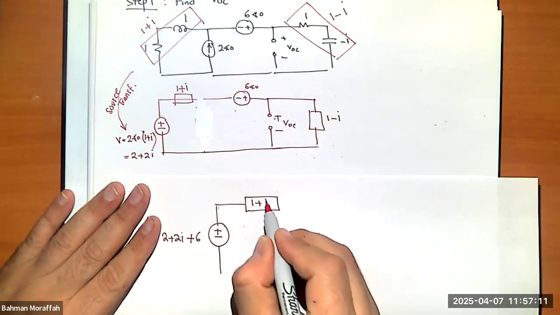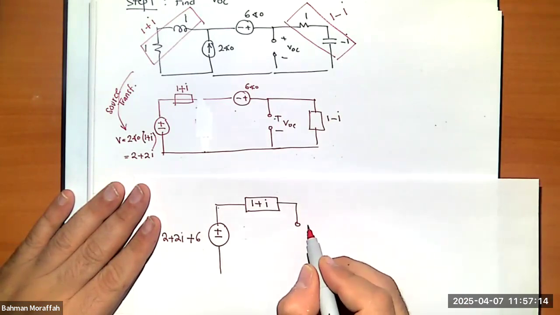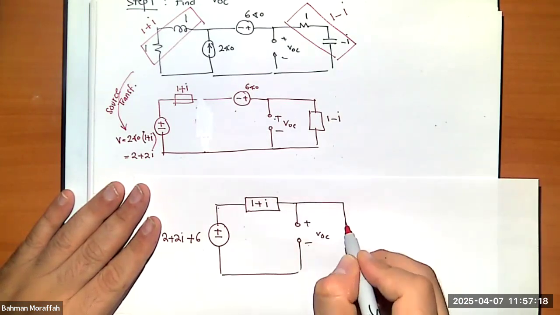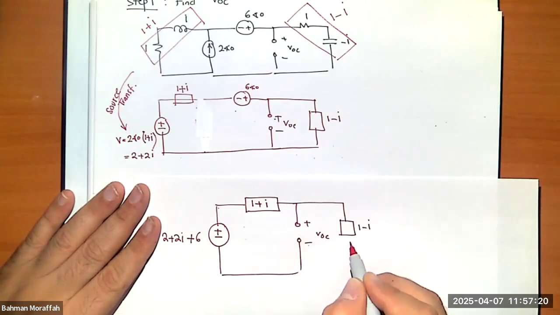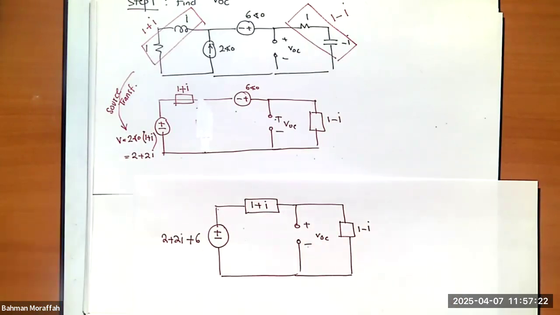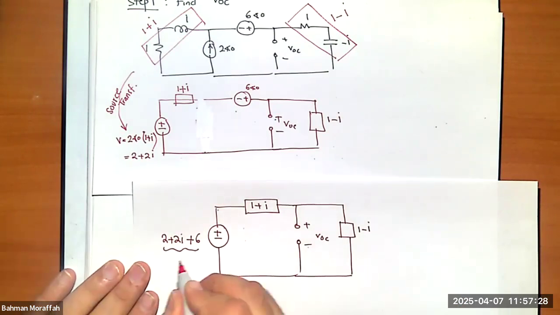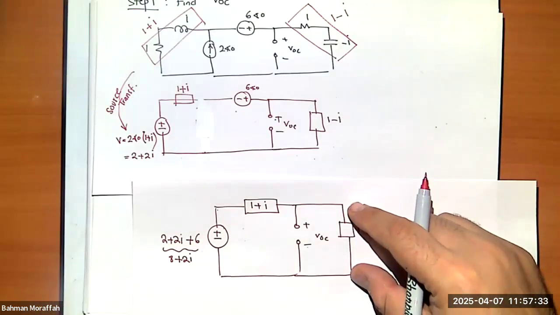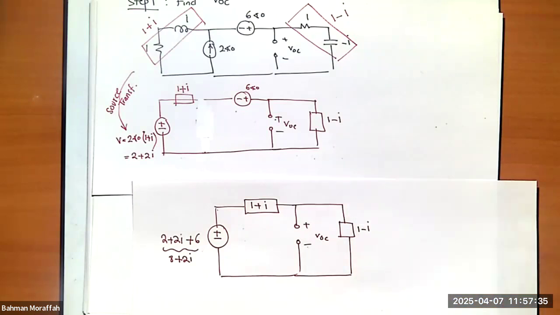And then I have 1 plus I. This is the open circuit. And this is 1 minus I. Right? At this point, it's very easy, right? Because this is 8 plus 2I. I can find voltage across this element, 1 minus I, and that's the open circuit.